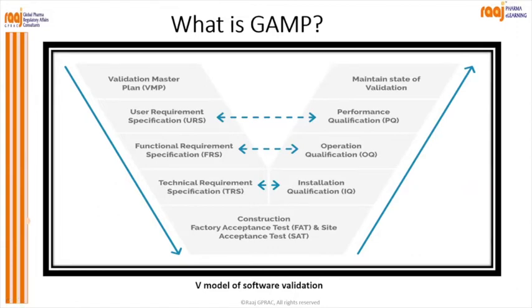Whatever predetermined specification you have written, the product has to pass. You have to check each and every thing thoroughly as per your predetermined specification in the factory before it is transferred or delivered to the site. And when it is delivered at the site, that is called the site acceptance test. So you have to understand the difference between the factory acceptance test and the site acceptance test.